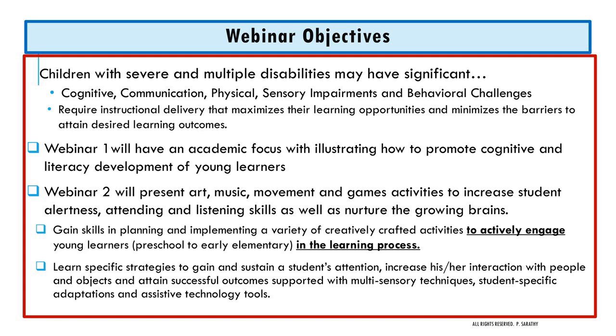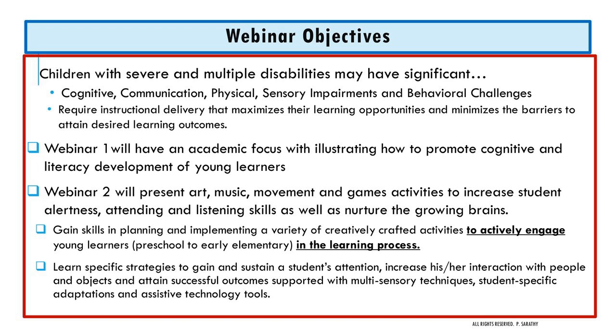And what we're going to be doing in webinars 1 and 2, you will learn specific strategies and steps and a variety of adaptation tools to help children to gain and sustain their learning through increasing their attention, increasing their motivation, increasing their interaction with people and objects and concepts.